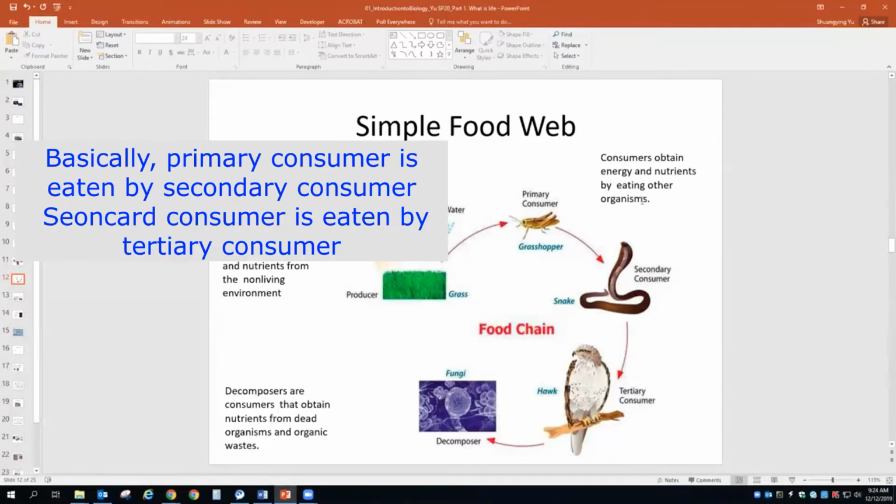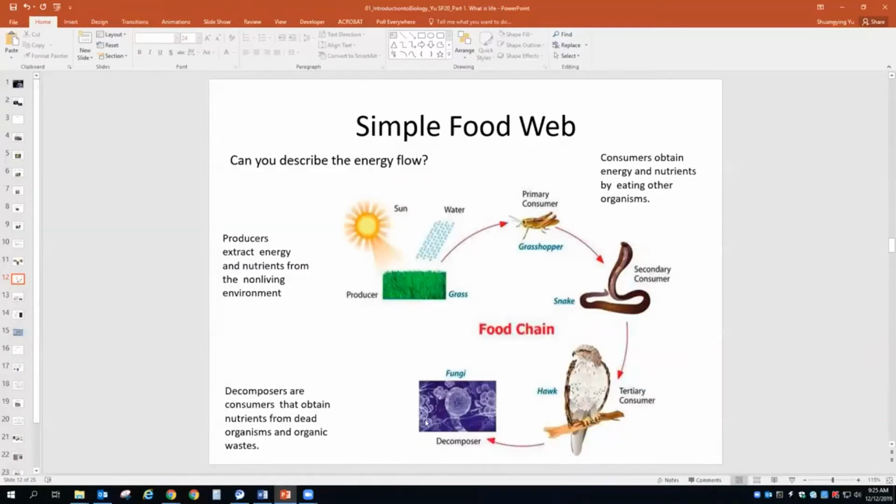And then when all these things die, whether it's producer or consumer, their body will be decomposed by decomposers. And then the nutrients, mostly in the form of inorganic materials, will be returned back to the environment, and then they can be recycled and used by other organisms. So that's almost the cycle of life.